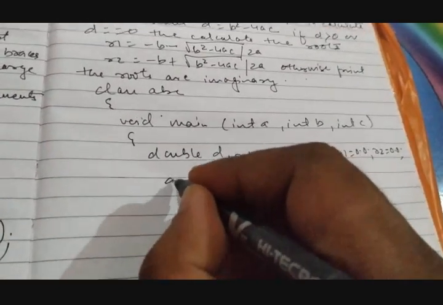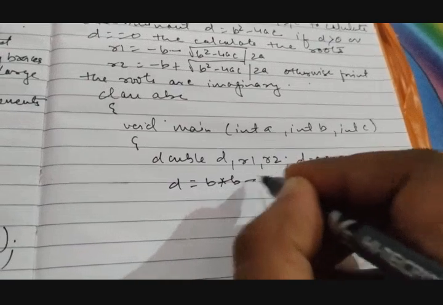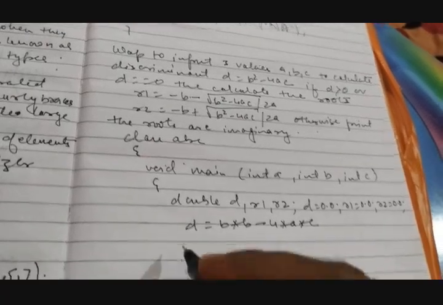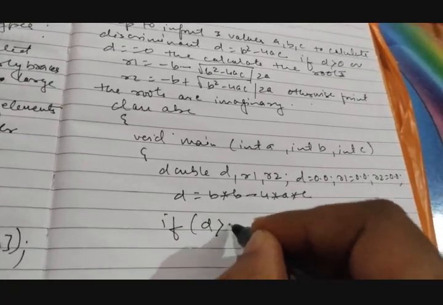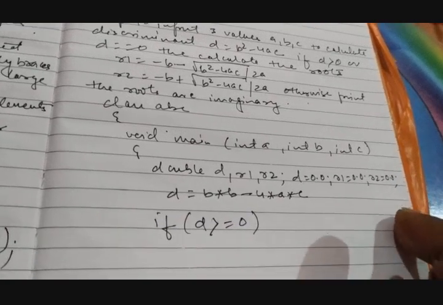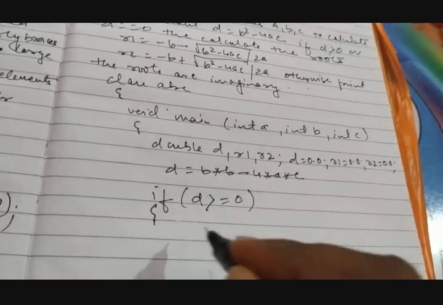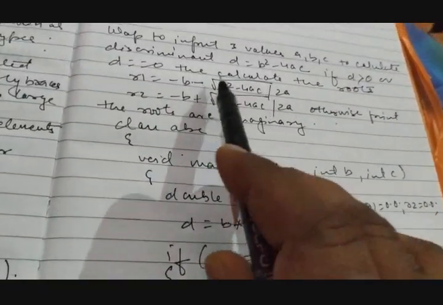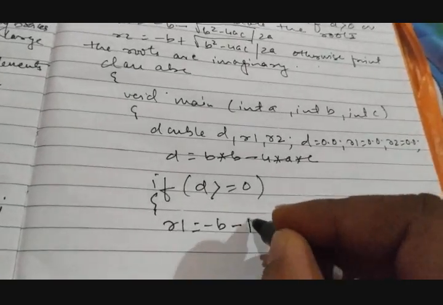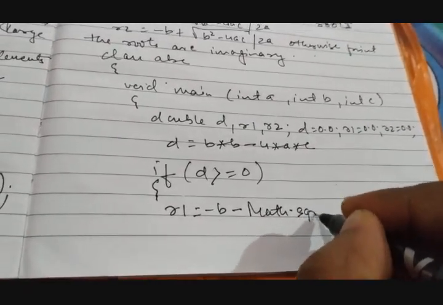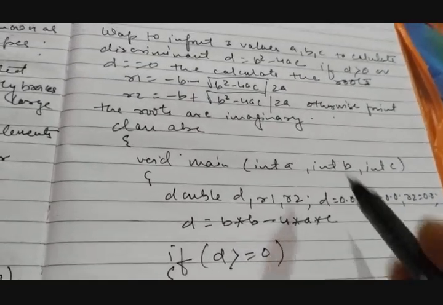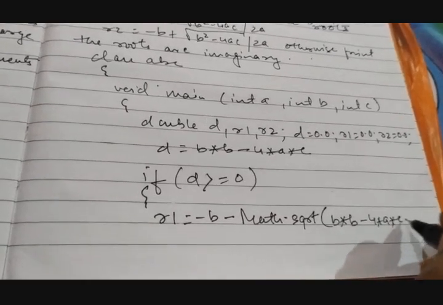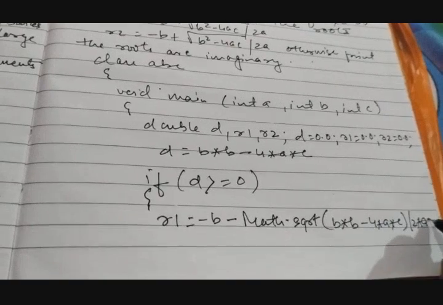Alright, now d equals b square, b into b minus 4 into a into c. Alright, if d is greater than or equals to 0, either it is more than 0 or equals to 0. If such is the condition, then r1 equals minus b minus, then what is that? Root over. So for root over, Math.sqrt, b square minus 4ac, b into b minus 4 into a into c upon 2 into a.